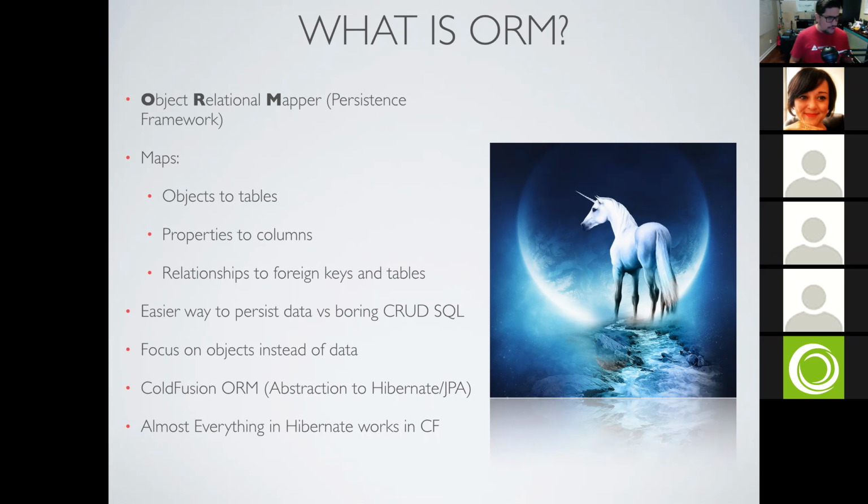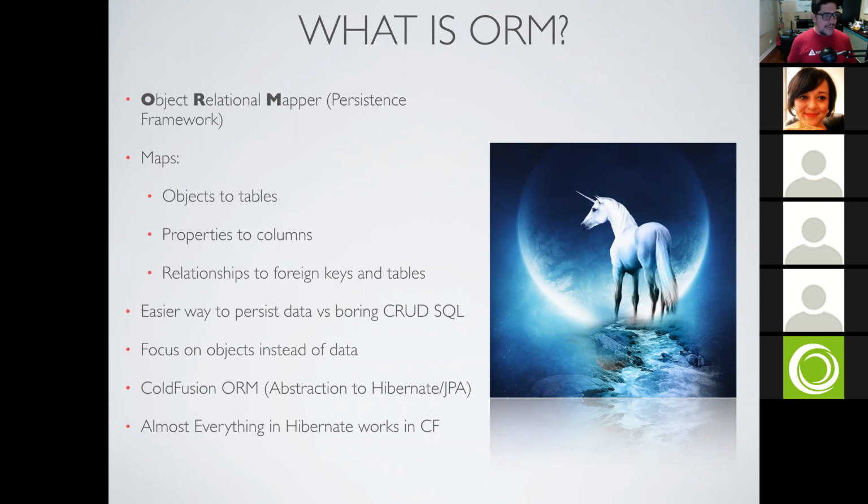Now, ColdFusion introduced ORM in ColdFusion 9 tons of years ago, and it was an abstraction to Hibernate, following the JPA standards for Java persistence. Almost everything in Hibernate works in CF, with a few limitations. If you are working with Adobe ColdFusion, and I'm just going to mention the latest ones, 2016, you're going to be working with Hibernate 4.